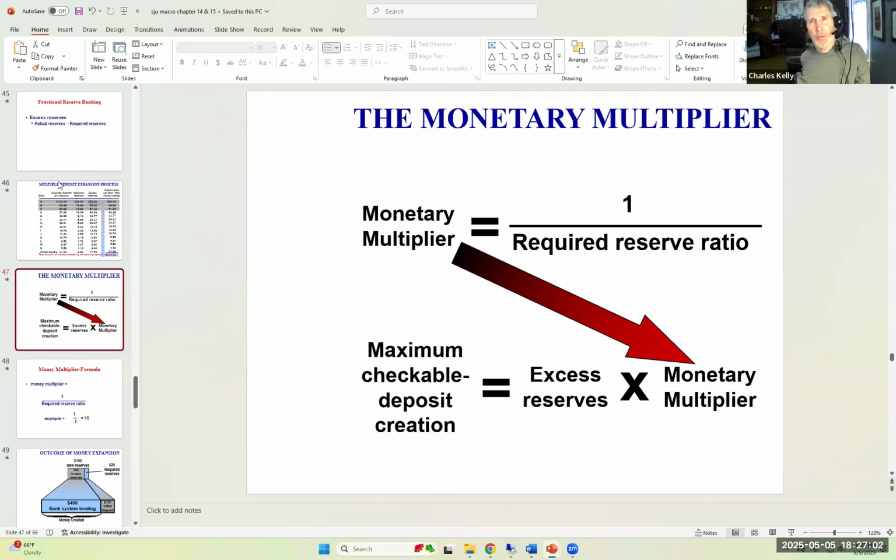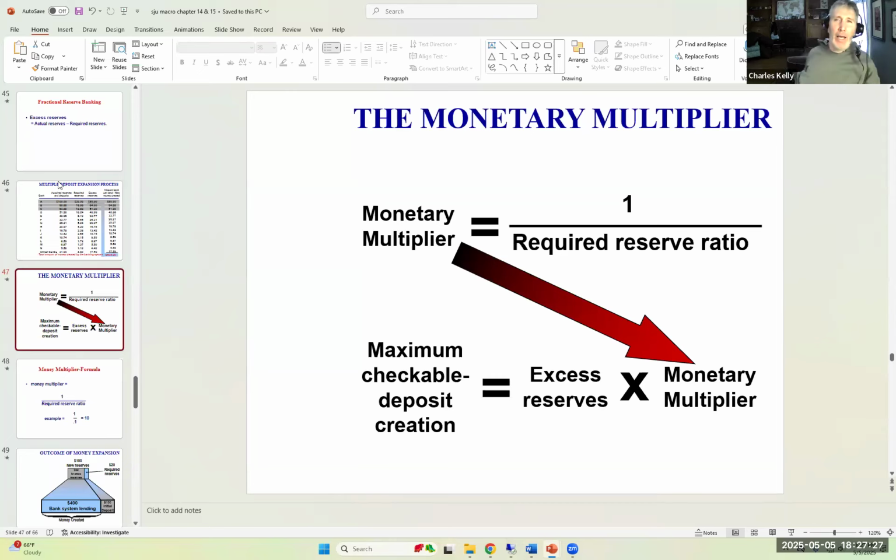So a bank takes in $500 million worth of deposits from all its customers. That means they have to keep 50 million, 10% of 500, as required reserves. The rest they can lend out, right? So 500 minus 50, that bank, ABC Bank, is sitting on 450 million of excess reserves.